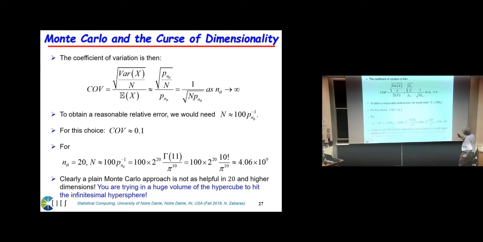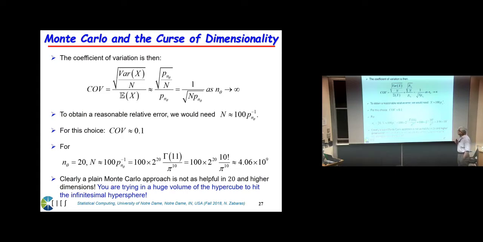But look what happens. If you compute this probability in 20 dimensions, and you see how many samples this is, the number of samples is 10 to the 9th. So basically, in 20 dimensions, to get a coefficient of variation that's 0.1, you need 10 to the 9 samples. A lot.